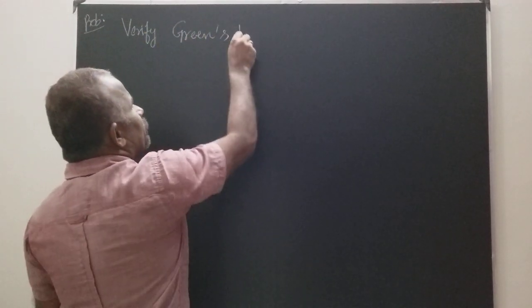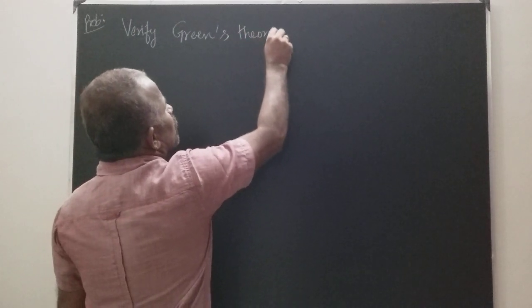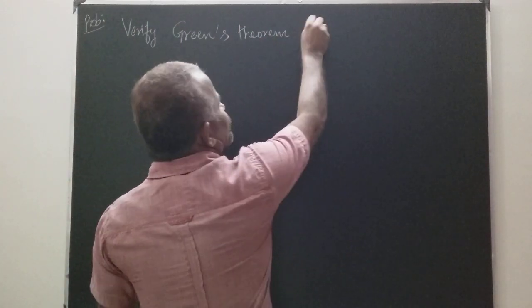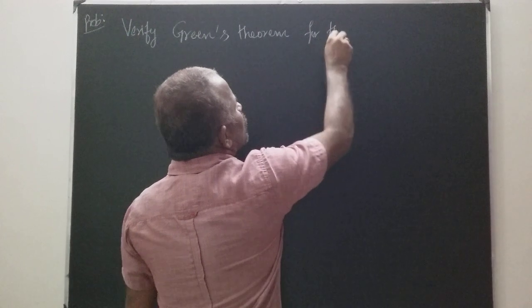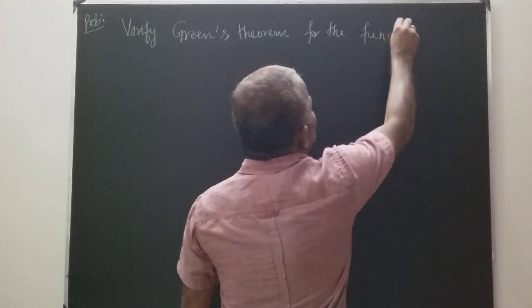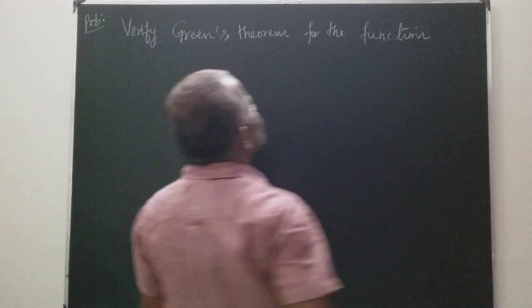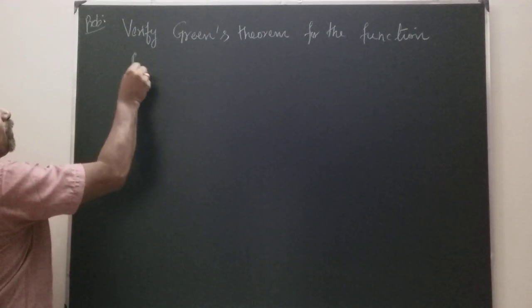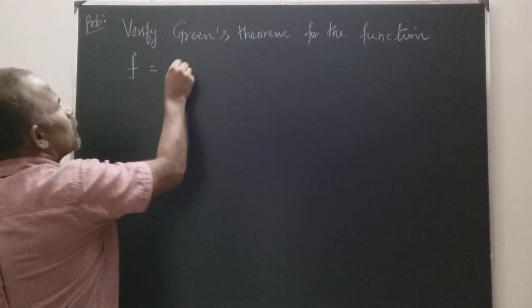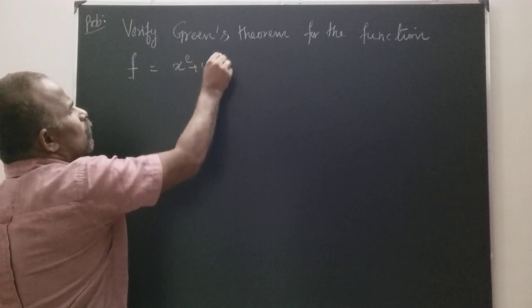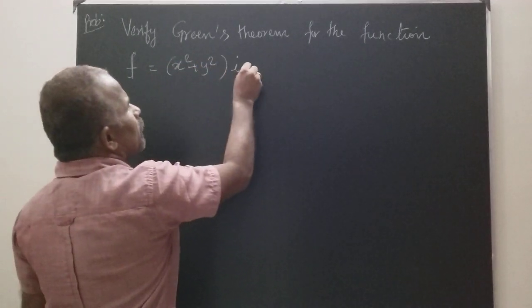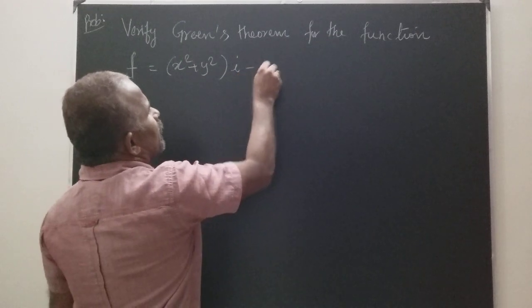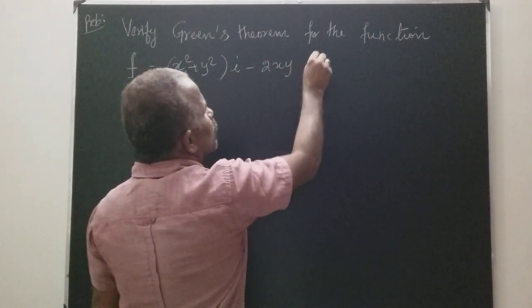Verify Green's theorem for the function f is equal to (x squared plus y squared) i vector minus 2xy j vector.